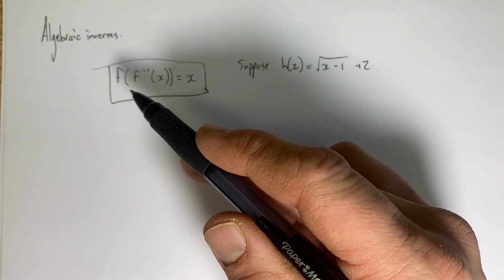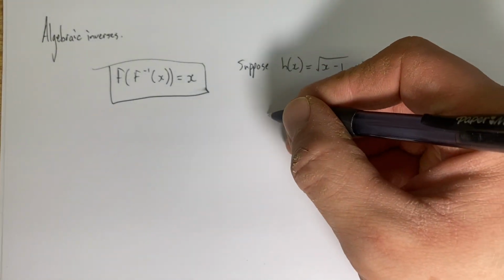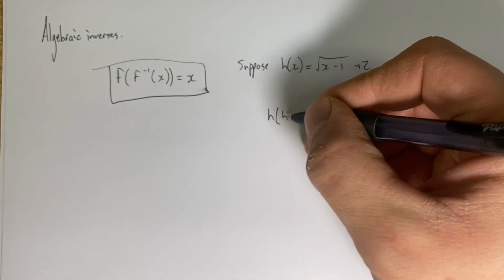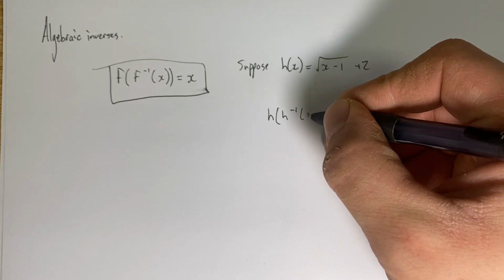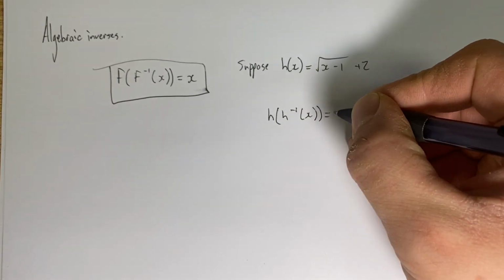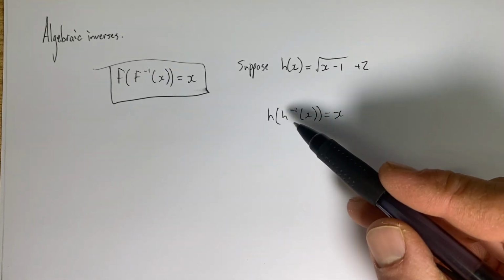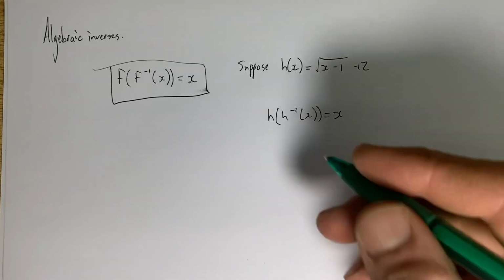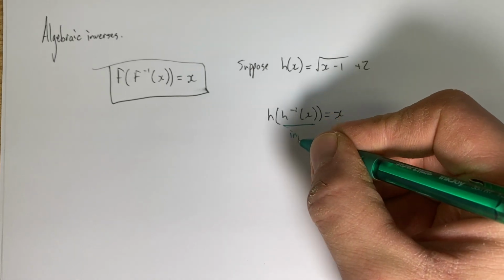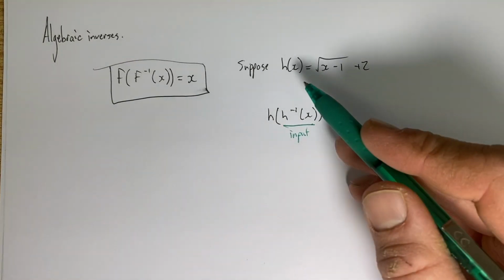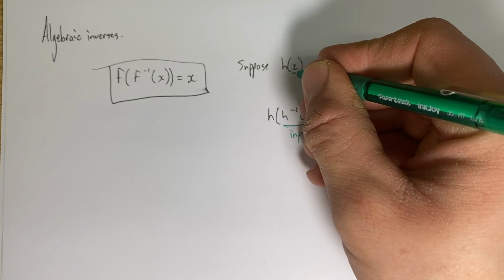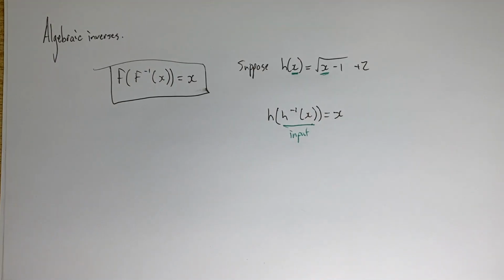Now, since my function is not named f, it's named h, I'm going to write down my inverse identity in terms of h. So this would be h of h inverse of x is equal to x. And now we have to remember a little bit about function notation. This middle h right here is the input into h, so it's going to go everywhere where I see an x.